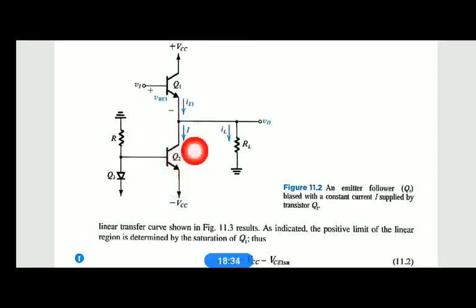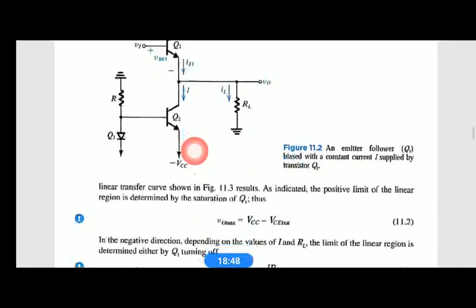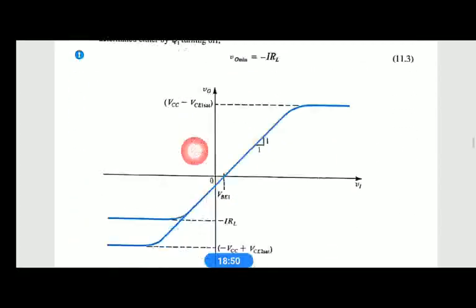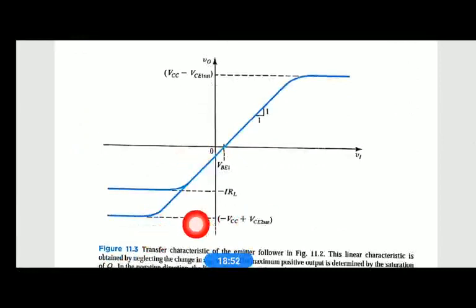This reduces the current I to its minimum value, and since it is a reverse current, it is a negative minimum value, which takes the output voltage minimum to minus VCC plus VSAT.